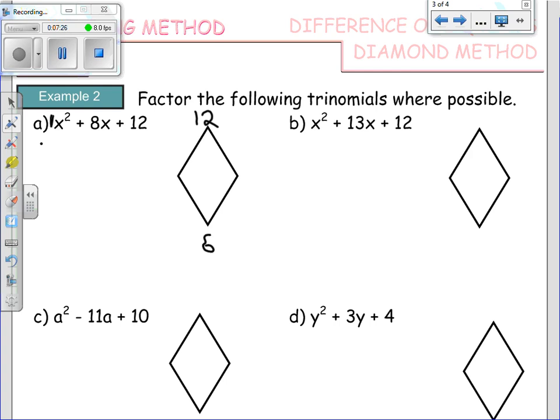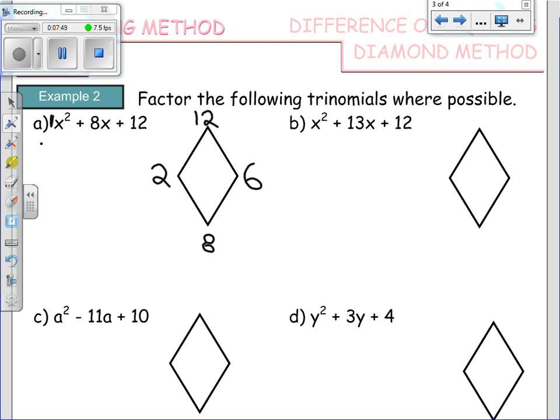Now you have to find numbers that multiply to be 12 and add to be 8. What numbers multiply to be 12 and add to be 8, Leon? 2 and 6. So, when you're factoring trinomials, the first step, make your diamond.